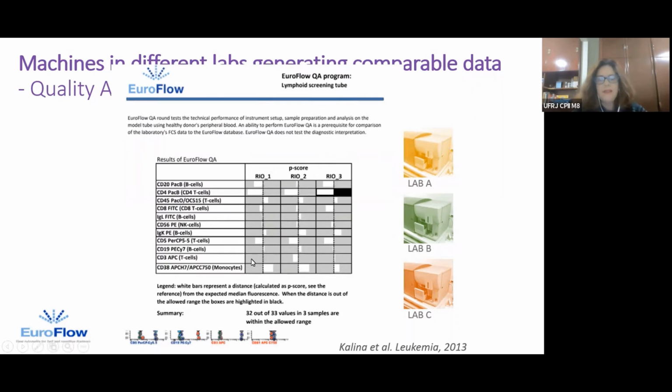Here we have all parameters inside the good range, and only one parameter in one sample that was outside of range. So we had a very good result, and we can also learn more and more with this process.